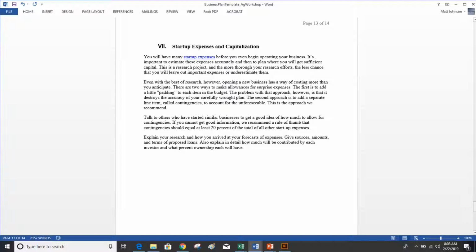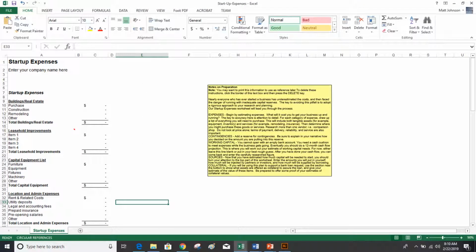Okay, and we're going to be spending more in-depth time on this, but thinking about your startup expenses. This is really thinking through what you're going to need for at least the first 6 months of operation of your business to be up and going. There's a spreadsheet here that you can download to help you think through what all these startup expenses look like.